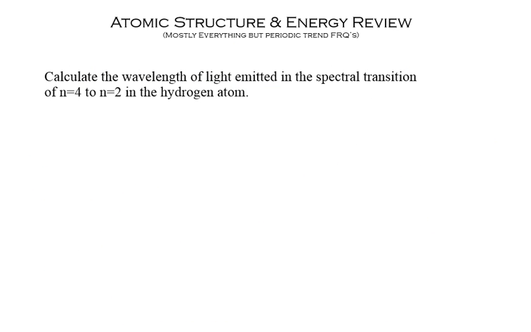Next one. You will be given this equation. But it says calculate the wavelength of light emitted in the spectral transition from n equals 4 to n equals 2, and the hydrogen has to be hydrogen. If it doesn't say it, assume it. Okay, so if you don't remember this, I'm pulling this from my own head here.